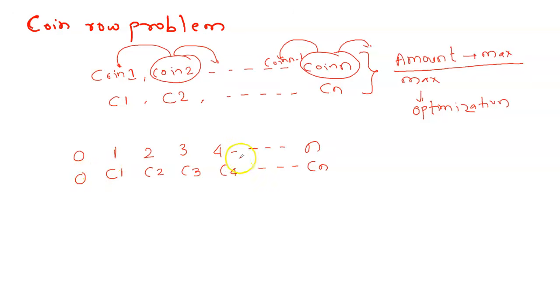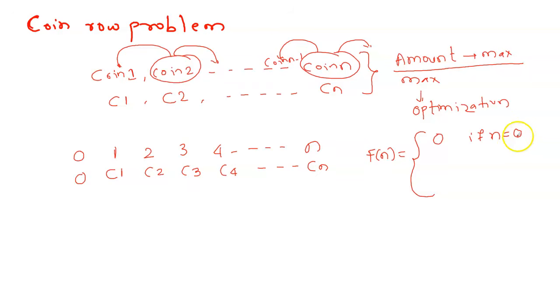Now let us write the recurrence relation for this. Maximization: f of n is equal to 0 when I have not picked any coin, that is n equal to 0.